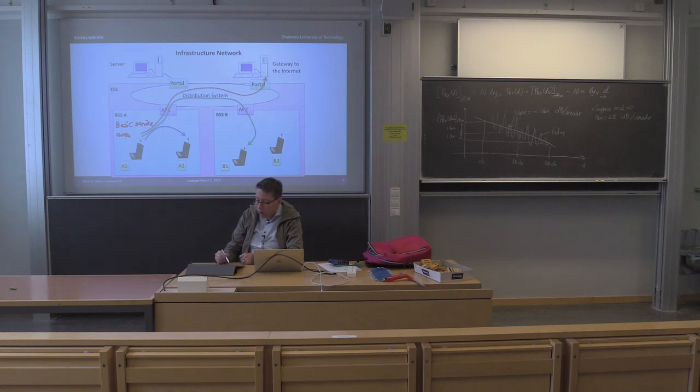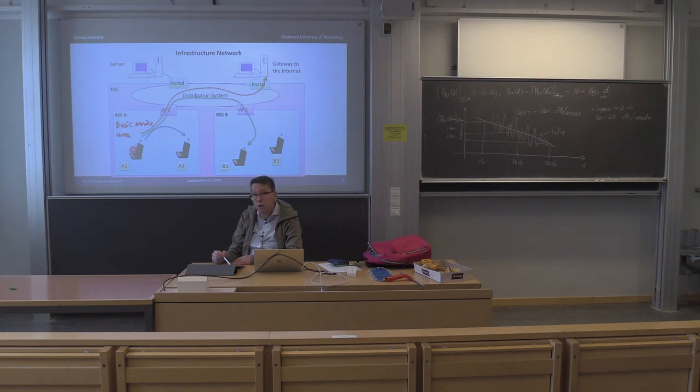Oh, yeah, and of course, the most common type of communication, I guess, is from a station via an access point, via the distribution system, out on the internet, and the opposite, right? From the internet, it goes through the portal into the LAN, finds the access point, and then goes back to the station.